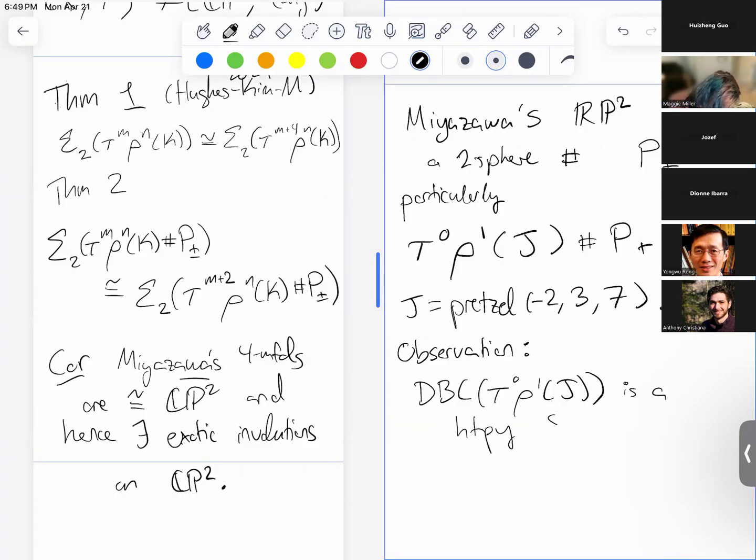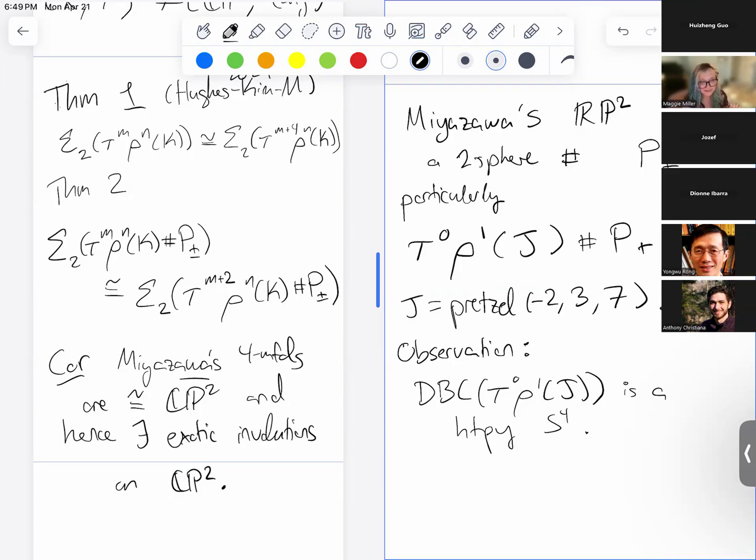I mean that in a roundabout way, it follows from his theorem, but it's kind of circular logic. But if we believe that when you add on RP2, the double branched cover is just CP2, that means at least up to homeomorphism.